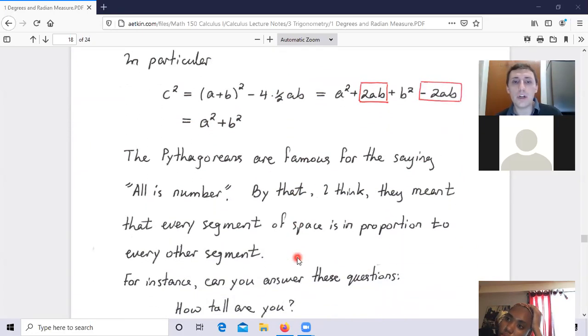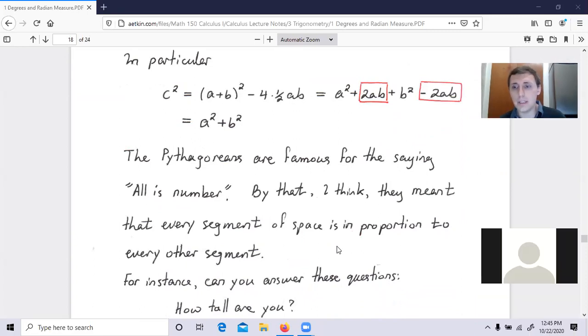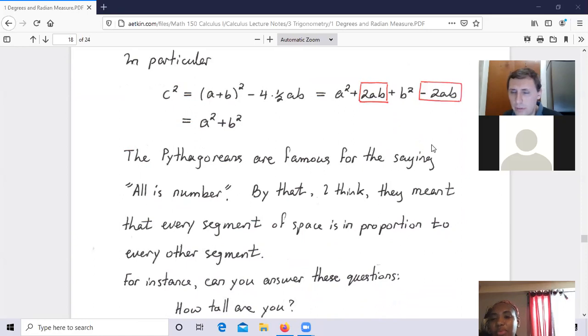Now, the Pythagoreans were those people that made the discovery. They were famous for the saying, all is number. And by that, I think they meant that every segment of space is in proportion to every other segment of space, guys. And if you find measurement boring, then you are not looking at measurement correctly.